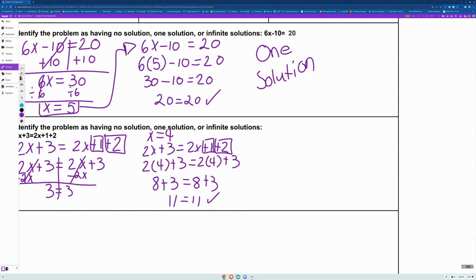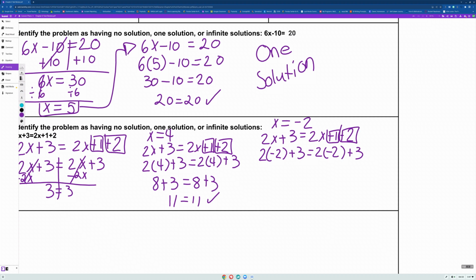But let's try it with a negative. So let's see if x could equal negative 2. So again, just rewriting. Now plugging in negative 2 for my x. And I'm also going to combine my like terms on this step. So 1 plus 2 is positive 3. So 2 times negative 2 is negative 4.